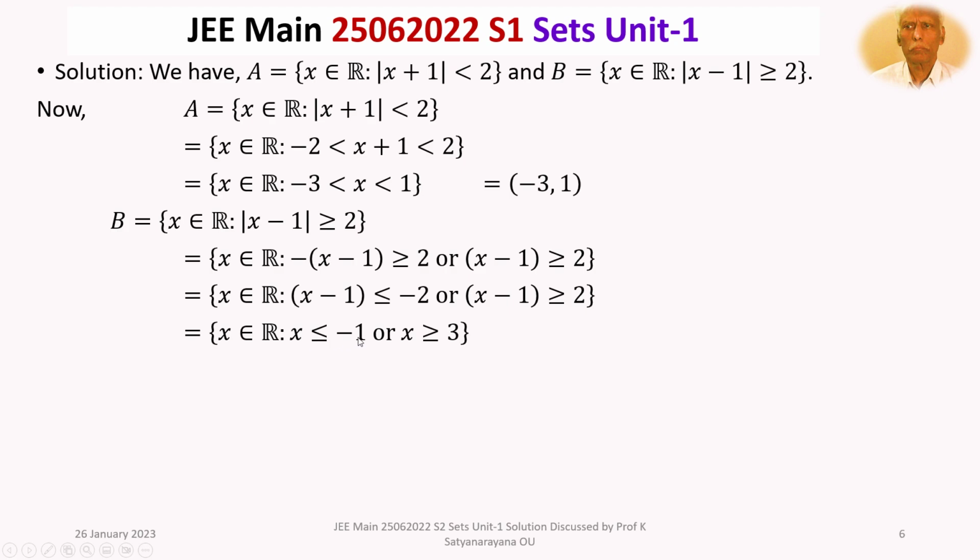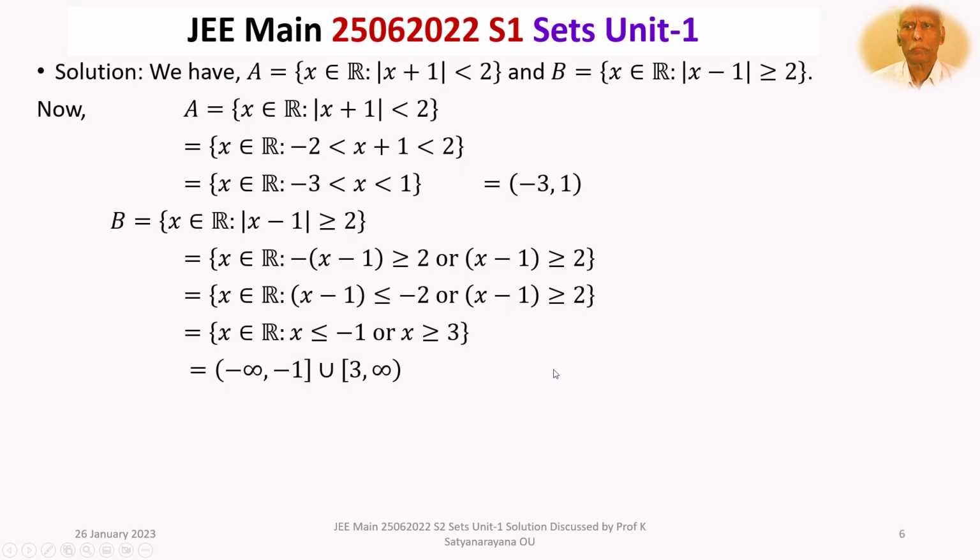Now x less than or equal to minus 1 means the interval minus infinity to minus 1, semi-closed, closed at the minus 1 end, and this gives 3 to infinity, semi-closed, closed at the 3 end. Because it is or, it is a union. So minus infinity to minus 1 closed, union 3 to infinity, 3 closed. That is your B.